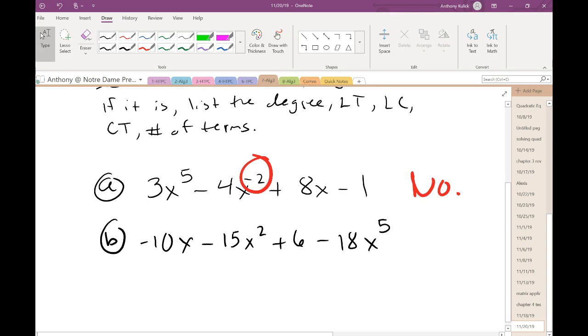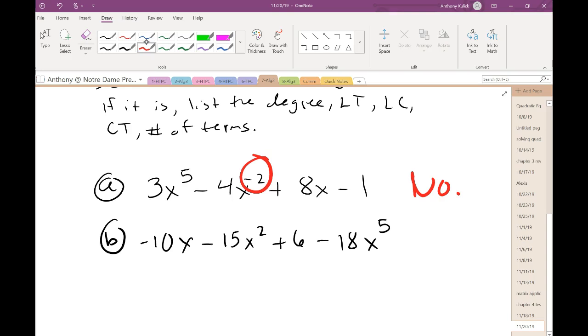How about this? Negative 10x minus 15x squared plus 6 minus 18x to the fifth. Is this a polynomial? Yes.